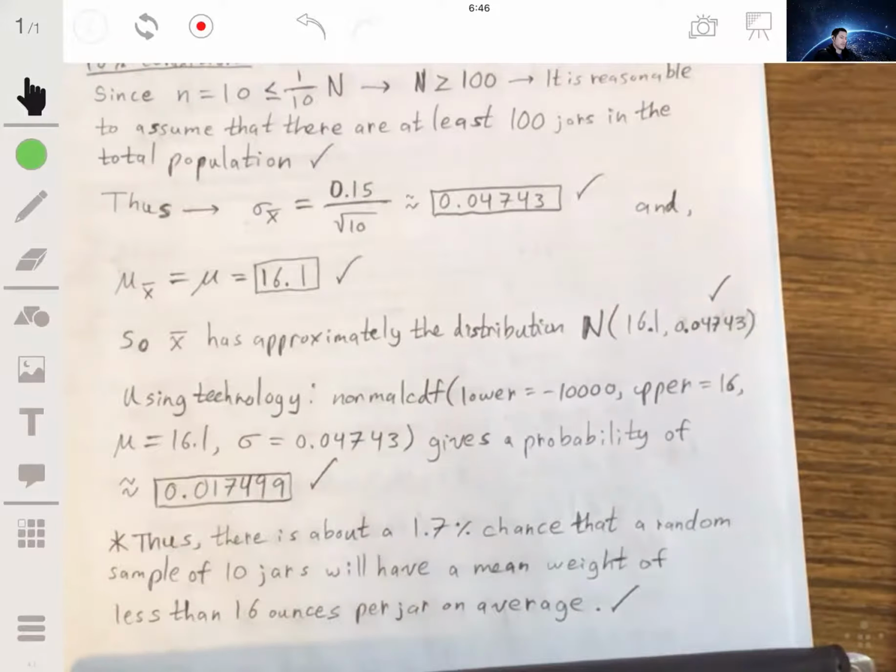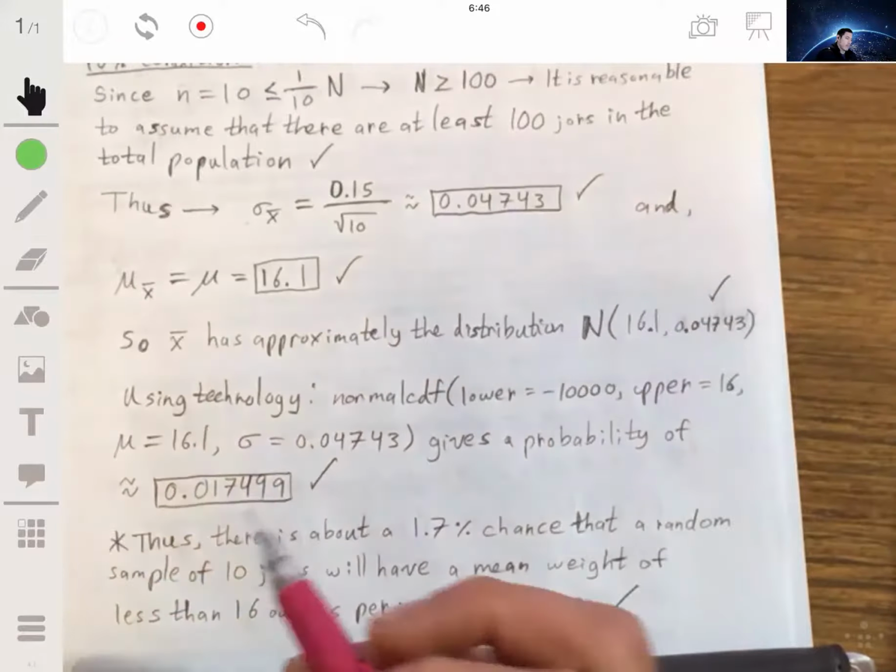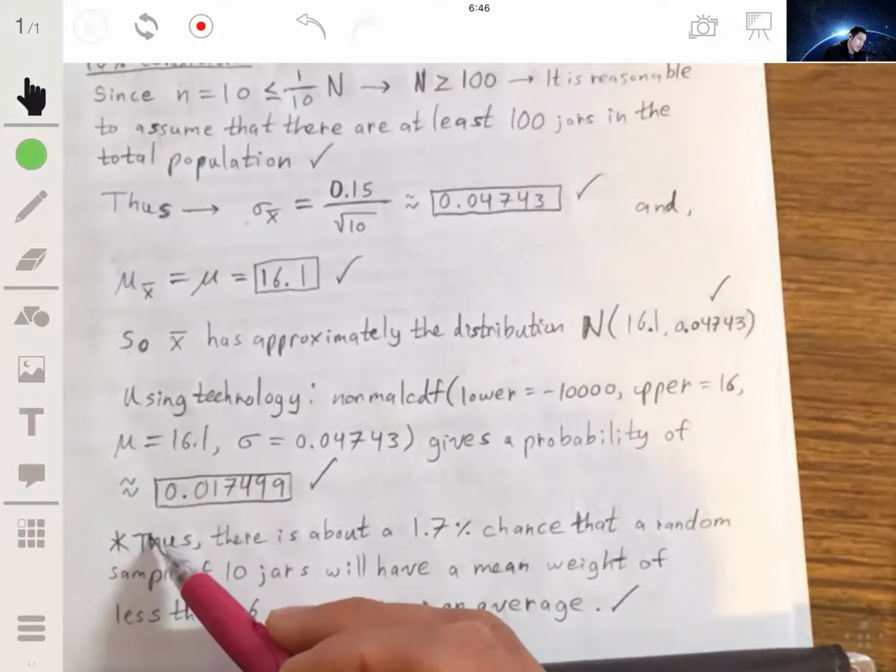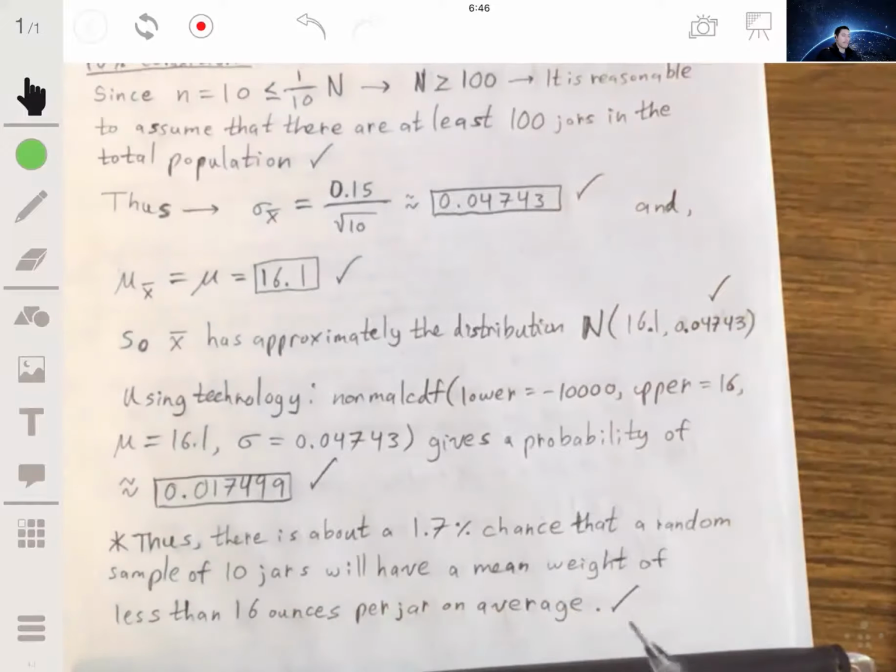And so make sure we always write down the answer in context to show the grader that you actually understand what you're doing.